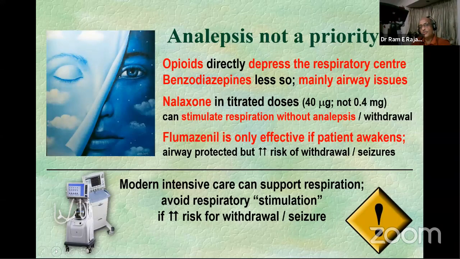Now the recommendation is to go with much smaller titrable doses of naloxone that will allow an initiation of respiration without analepsis, without waking up the patient, because waking up the patient will be associated with a greater tendency for withdrawal.